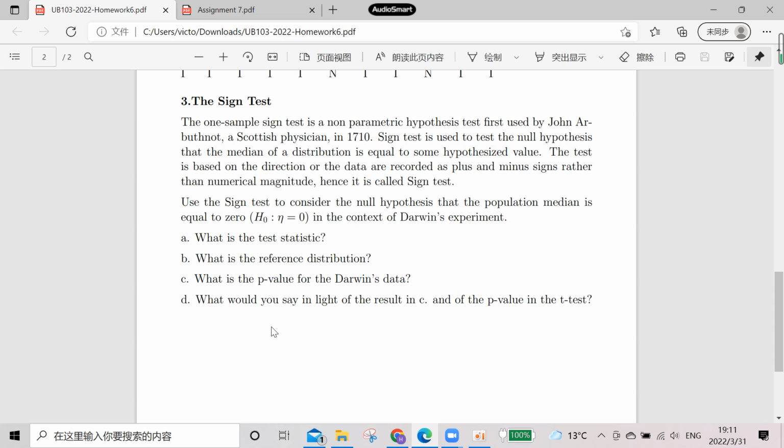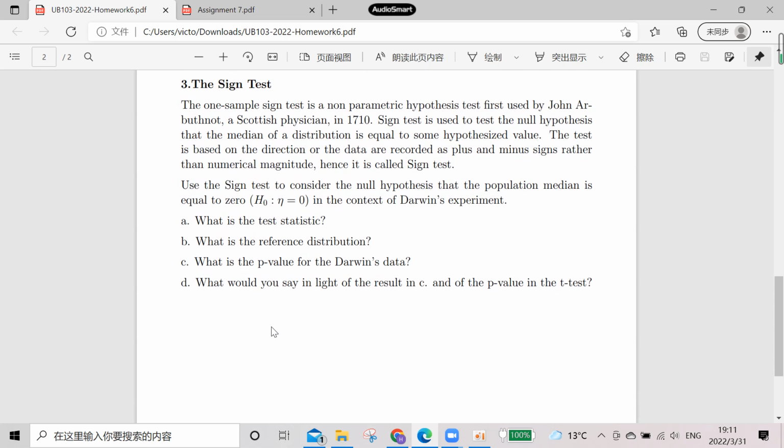So this should be a binomial distribution if you notice it, because basically I only have two results, positive or negative. And under my null hypothesis, I assume those two technologies are the same. Statistically, they are the same. So the probability of getting a positive number should be 50% under my null hypothesis.